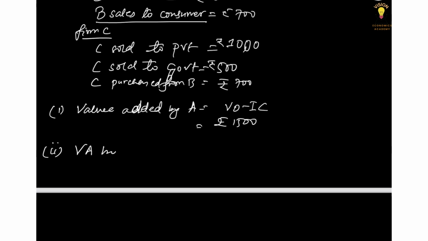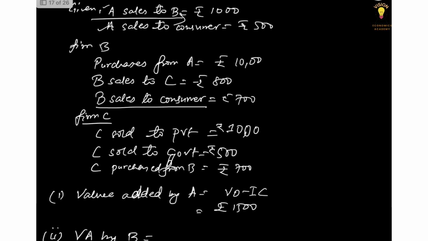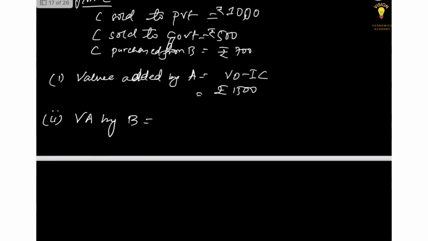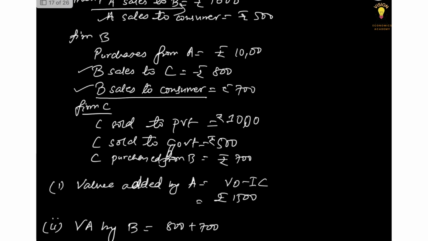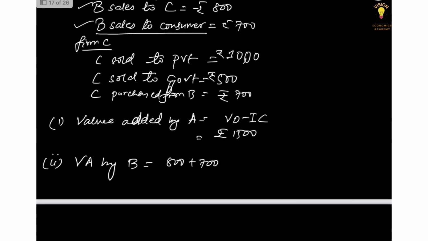Value added by B is, see, B sells to C. Okay, B sells to consumer. So 800 plus 700. All right. Then what is the intermediate cost of B? Is 1000. So 1500 minus 1000 will give us rupees 500.